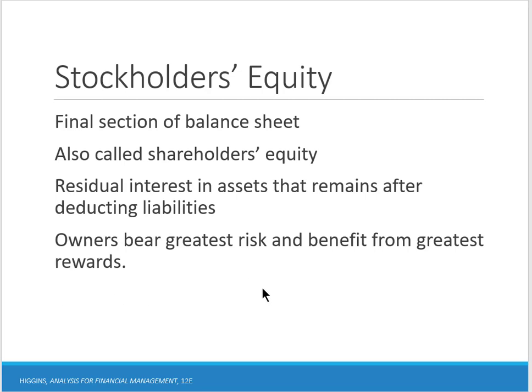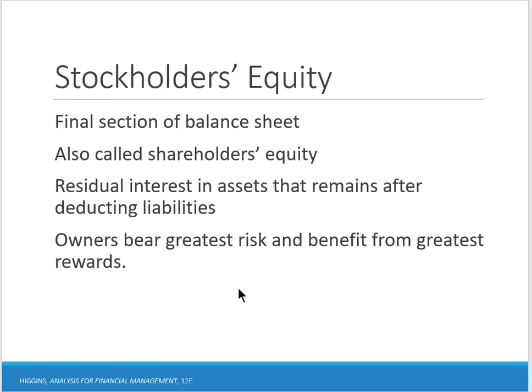Now, stockholder equity is the last section, sometimes called shareholder equity. Sometimes that's actually referred to as net worth. But this is just the residual, right? If you look at the accounting equation, if you take assets and subtract all the liabilities, owner equity is what's left. It represents the owner's share of the business, if you will.